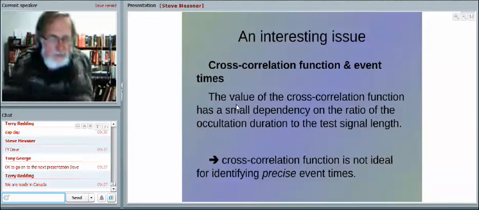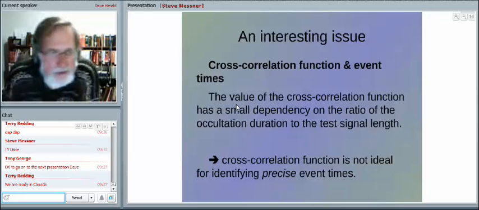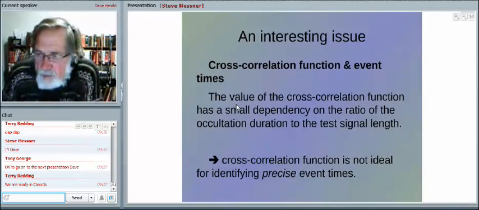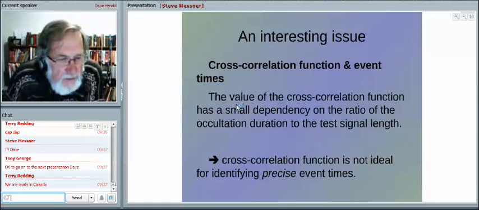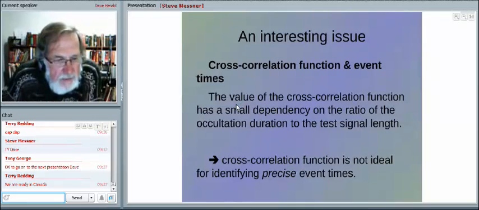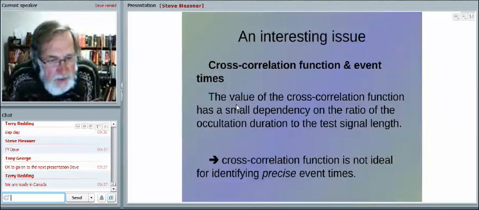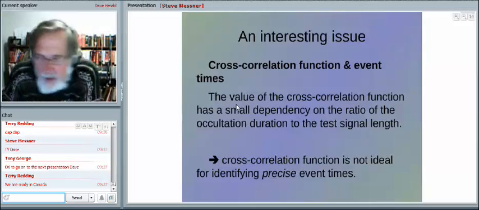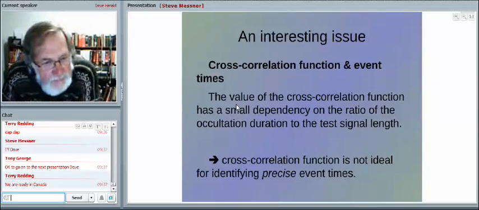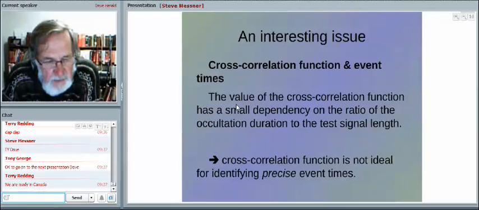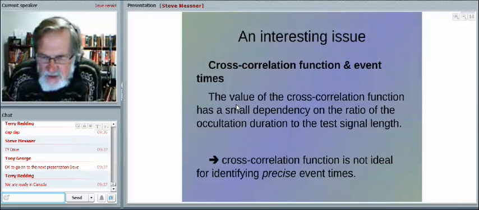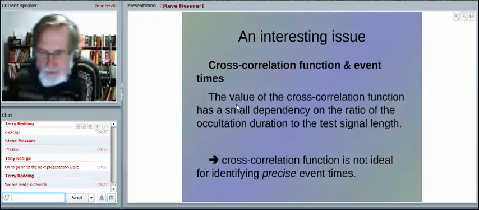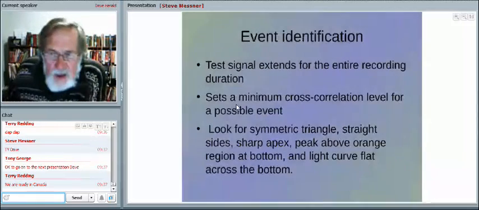If you're looking for a peak in the cross-correlation function, one of the things you have to be careful with is that its value has a dependency on the ratio of the duration of the occultation to the overall test signal length, which means that the cross-correlation function by itself is good but not ideal for identifying the precise event times. There's a technical issue with it. Next slide.